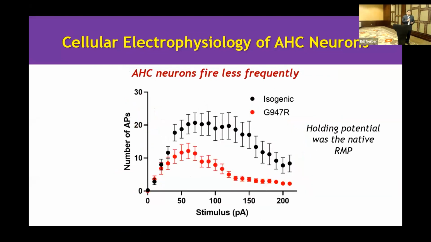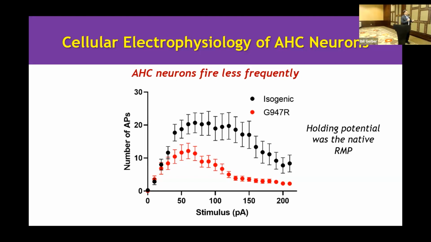Now, based on that, we thought, well, that's going to affect how the neuron can generate its activity, its action potential. And so this is simply a measure of the number of spikes that we see in neurons given a different level of stimulus. Here we're just electrically stimulating the neurons and then counting how many times they fire.